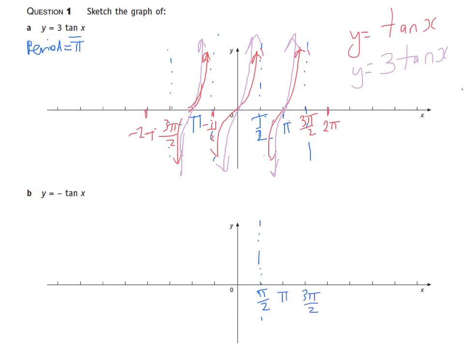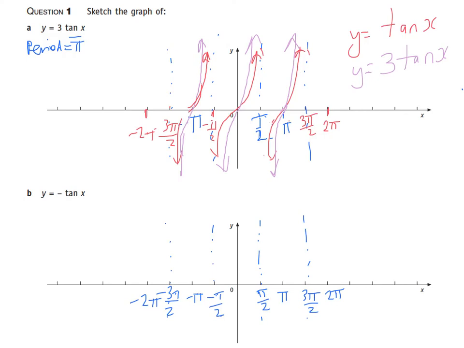3 pi on 2. 2 pi. Going back the other way, negative pi on 2. Negative pi. Negative 3 pi on 2. Negative 2 pi. Putting in our other asymptotes. And remember, this time we are reflecting about the x-axis.